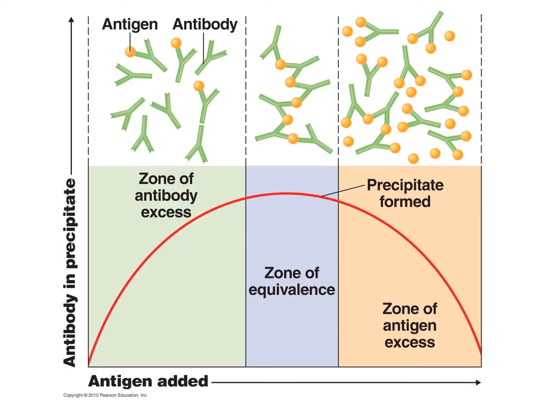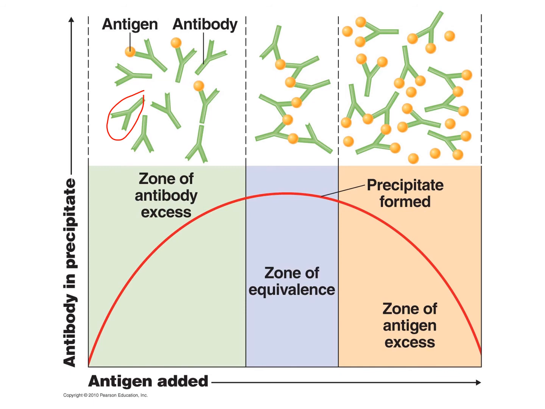I am going to finish this lecture by going over two different types of tests that use monoclonal antibodies. So the first type of test is the precipitation reaction. Precipitation reactions involve using IgG, so this is probably IgG. Remember, IgG is a monomer, or IgM, so IgG or IgM.